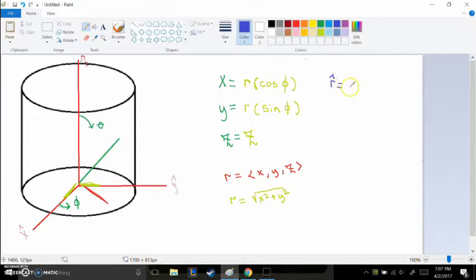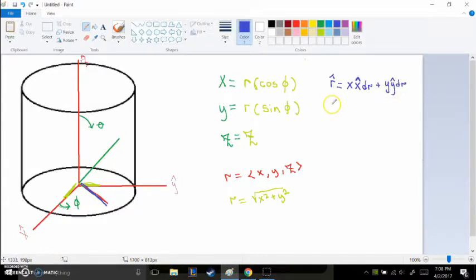R is going to be, we're looking at the projection of r, so right over here. It's going to have some x part and some y part, so it'll be x value in the x direction, derivative of r, plus y in the y direction, derivative of r.